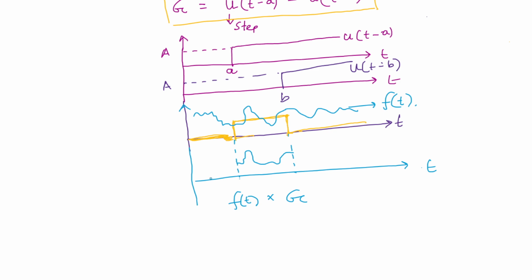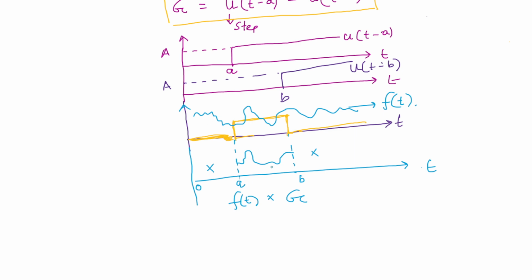Because from 0 to a the gate function value is 0, and anything multiplied with 0 is 0, so this portion is off. And similarly from b to infinity, again the gate function value is 0, so the remaining portion is cut. So the only thing present here is that part which has the existence of the gate function.